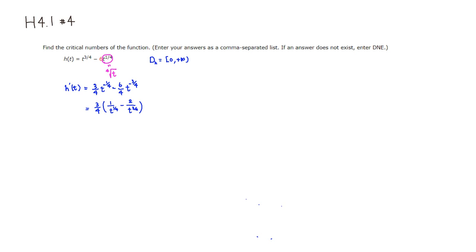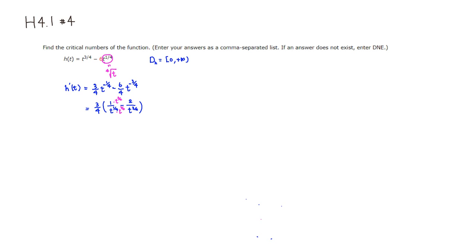In this case, I want to get to t to the 3/4 power. So I'm going to multiply this by t to the 2/4, and multiply the top by t to the 2/4.